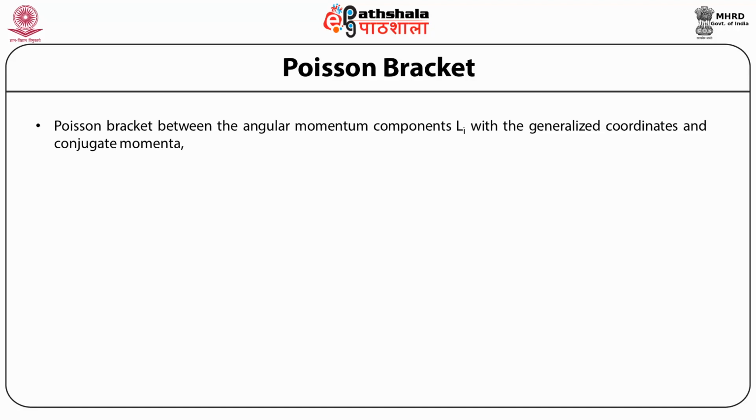So to see the Poisson bracket between the conjugate momentum Pi and Lj, that is, between the ith component of the conjugate momentum and the jth component of the angular momentum, the Poisson bracket Pi, Lj is equal to Pi with, for Lj, QkPl epsilon jkl, which by using the property of the Poisson bracket becomes Pi with Qk multiplied by Pl epsilon jkl, and the Poisson bracket between Qk and Pl is delta kl, and so this becomes equal to epsilon ijl Pl.